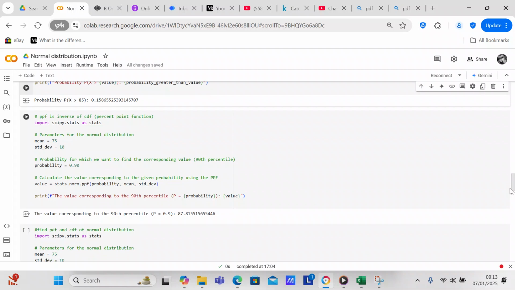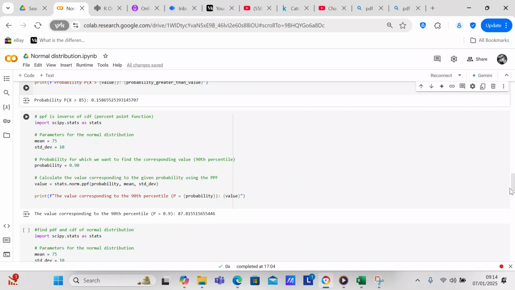Calculate the value corresponding to the given probability using PPF. Value equals stats.norm.ppf(probability, mean, standard deviation), and you get the 90th percentile is 87. So you have the probability but you don't have the value, and the value corresponding to the 90th percentile is 87.